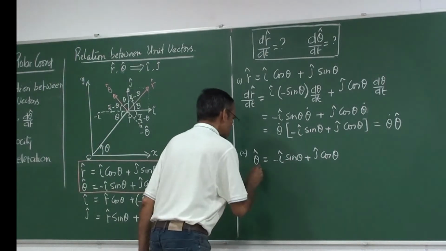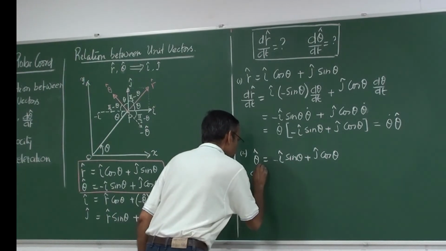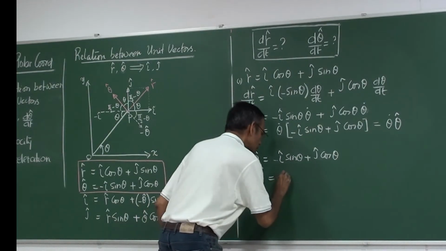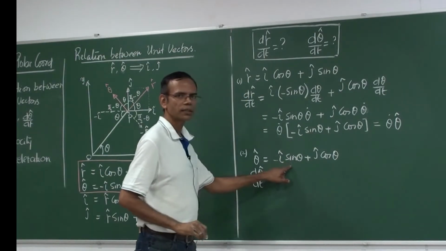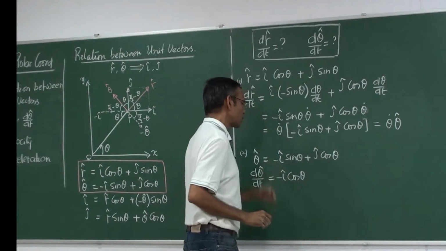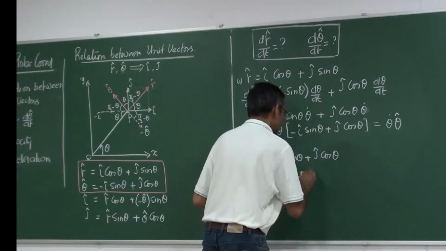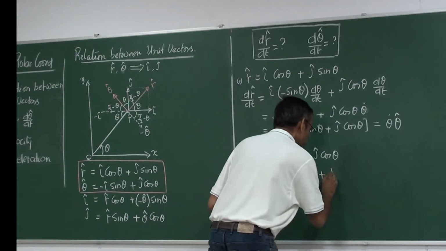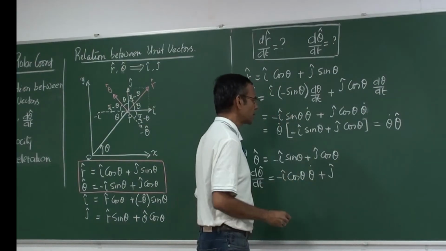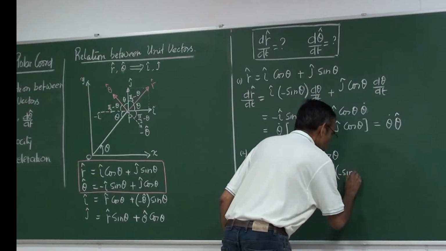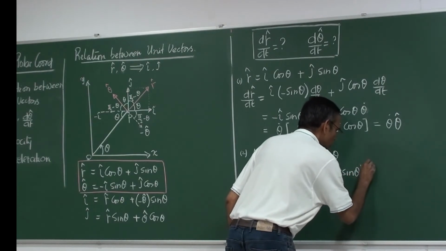I differentiate, so d theta cap by dt is equal to minus i cap sine theta differentiation cos theta. Then I will write theta dot directly, plus j cap cos theta again is minus sine theta theta dot.